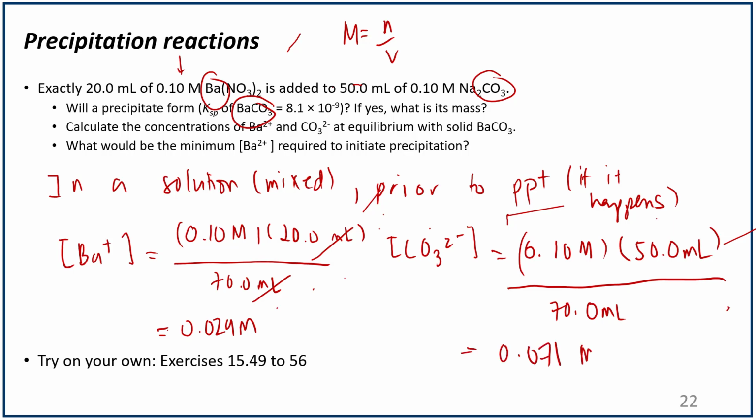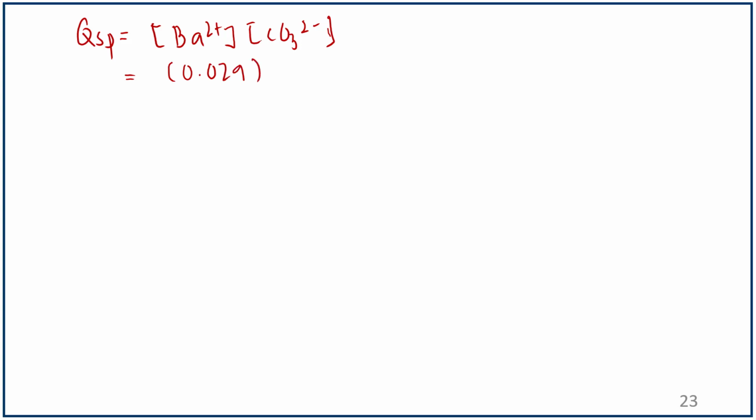0.071 molar. All right, and then from there, since you now have concentrations of barium and carbonate in solution, we can calculate Qsp. Again, the expression is the same as for Ksp, and for barium carbonate it should be the concentration of barium 2 plus times the concentration of carbonate in solution. We just multiply the values that we calculated earlier, 0.029, let's just ignore the units because this is a Q value anyway, times 0.071.